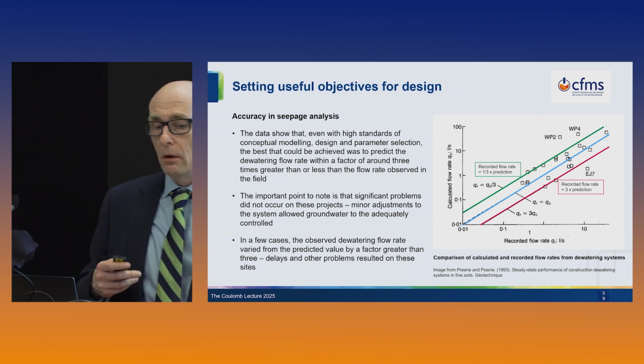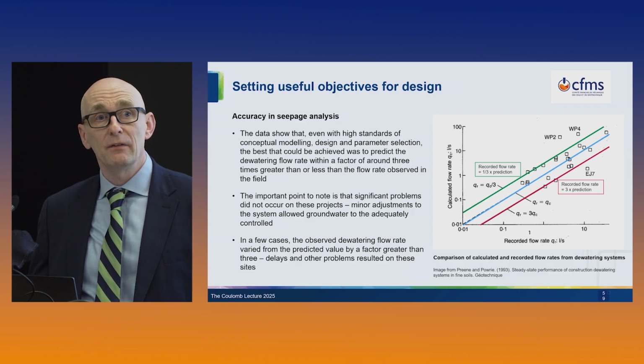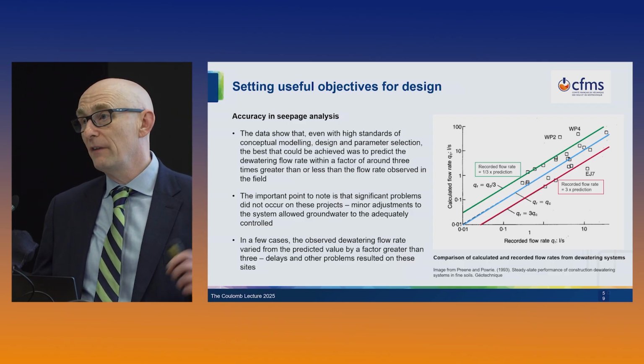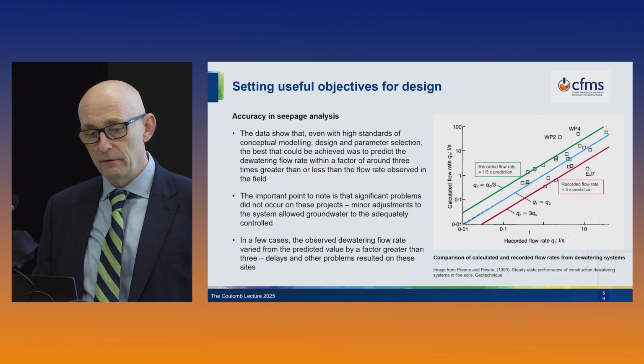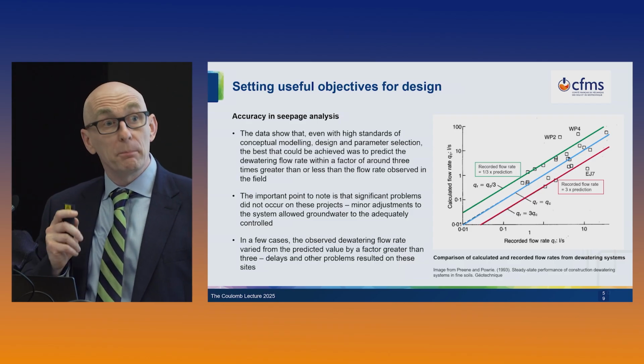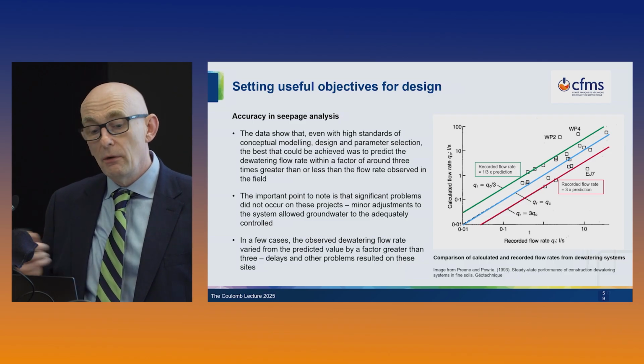So this showed that even when we applied high standards of conceptual modelling, design and parameter selection, the best that we could achieve was to get our dewatering flow rates within a factor of 3 times less or 3 times more than the actual flow rate. That doesn't sound great, but within that range there weren't major problems.